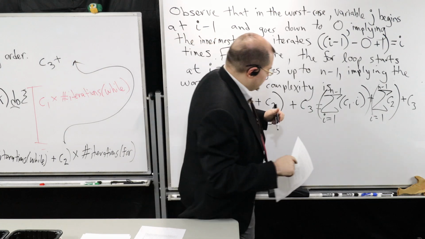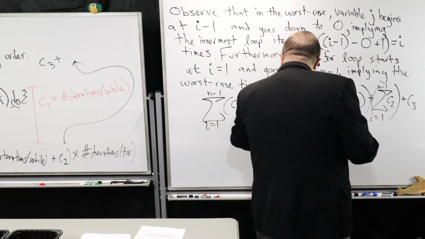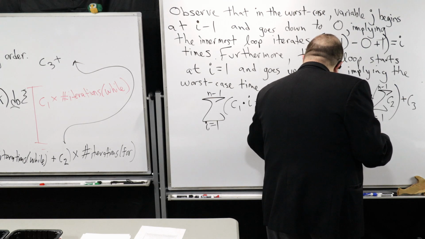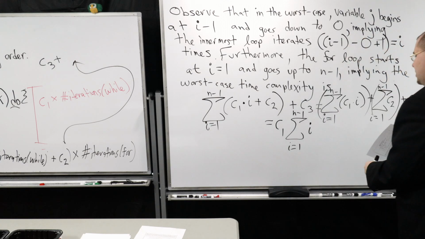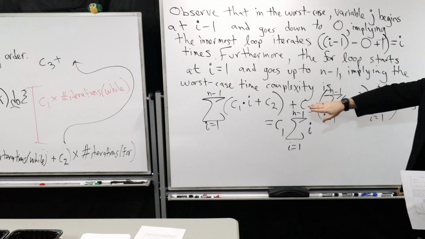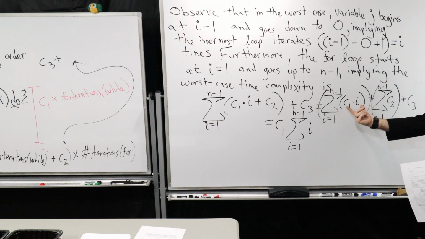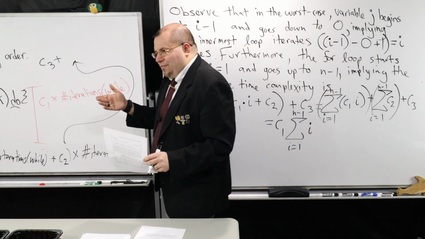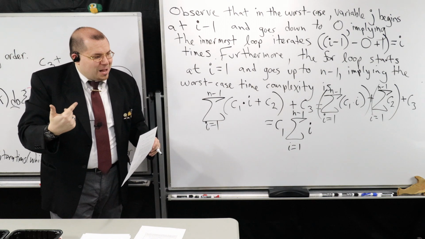My apologies, I slipped there. So I get C1 times the sum from I equal to 1 to n minus 1 of I. All I'm doing is factoring out the C1 because it's not dependent on I at all. It's no different than the rationale I gave earlier: if I'm going to multiply everything by 4, I just need to know how many times I need to multiply by 4.